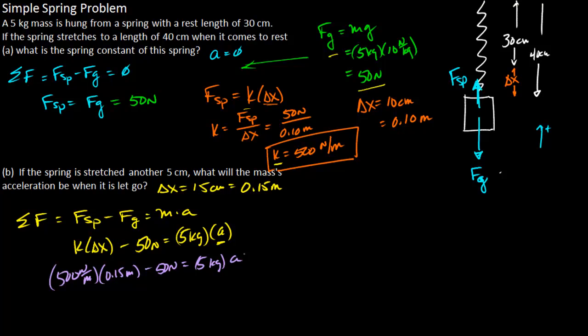We have 500 times 0.15, which gives you 75. 75 minus 50 is 25 newtons, and that's going to equal 5a. Therefore, our acceleration of our system here, with the 5 kilogram mass hanging on it, is going to be 5 meters per second squared.